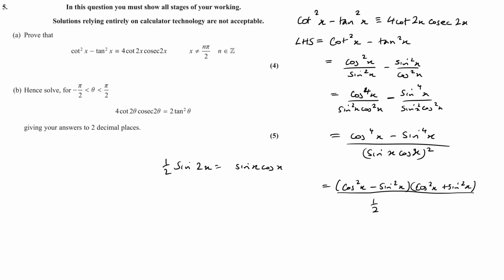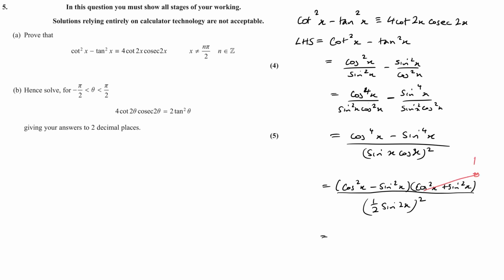Then on the bottom I've got the half sine 2x, and that is squared, isn't it? Okay, at this point I'm just going to rub this little bit out over here, so I've got plenty of room to carry on with. And this is just 1, isn't it?